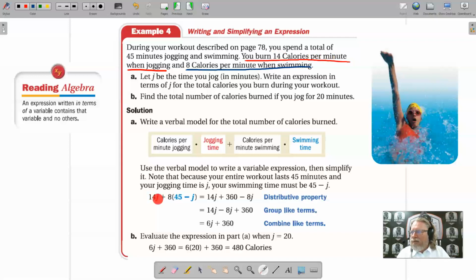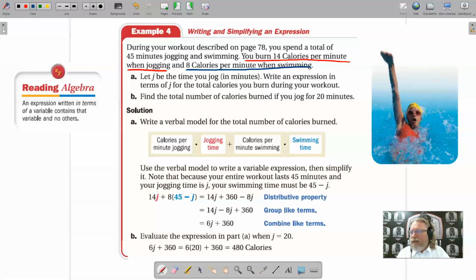Jogging time is in terms of J. Then you need the calories that you burn per minute when swimming. So we know that that's 8 calories, so we see 8 there. However, this in parentheses is our swimming time, but we need it in terms of how it relates to jogging.